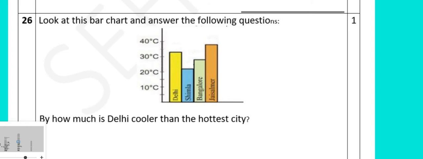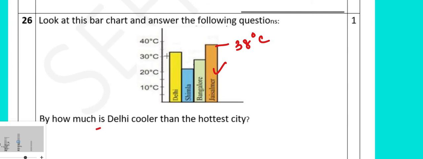So here we need to find how much cooler Delhi is than the hottest city. By looking at the figure, we can determine that the hottest city for this question is Jaisalmer right here, which has 38 degrees Celsius. Delhi, on the other hand, is 33.